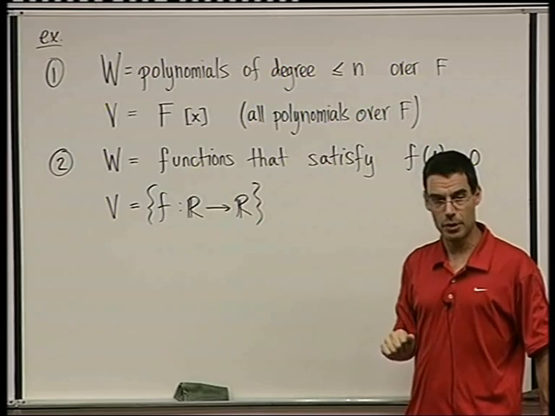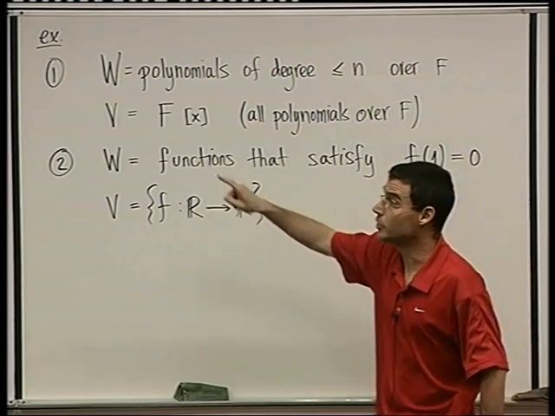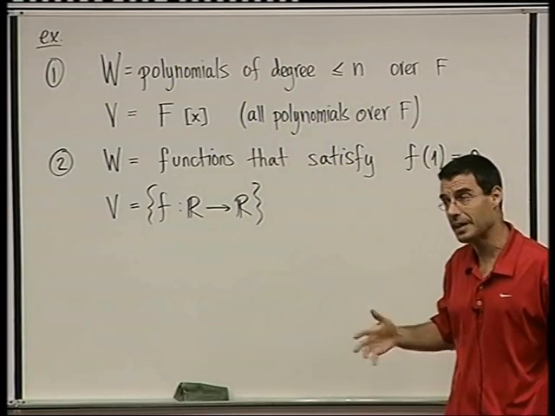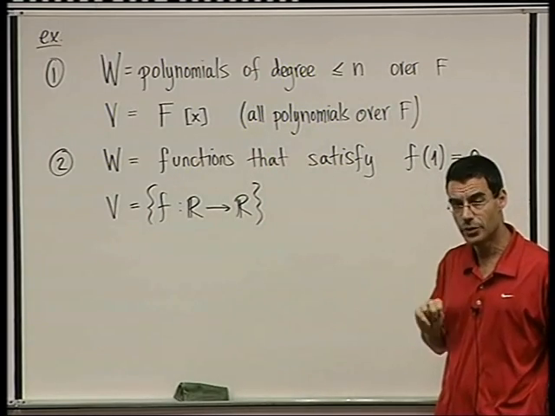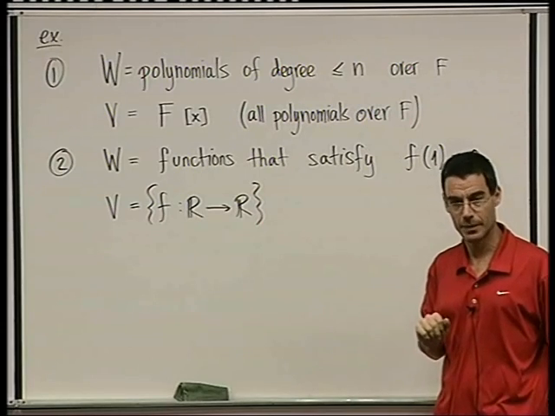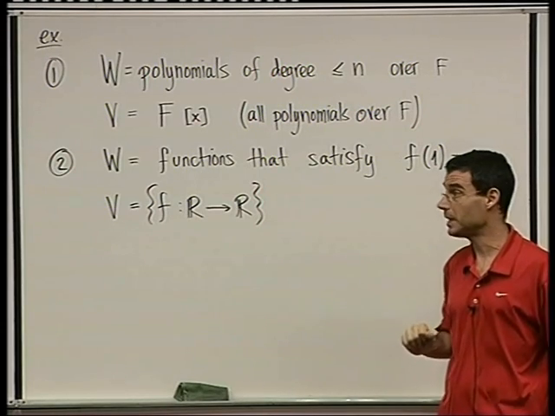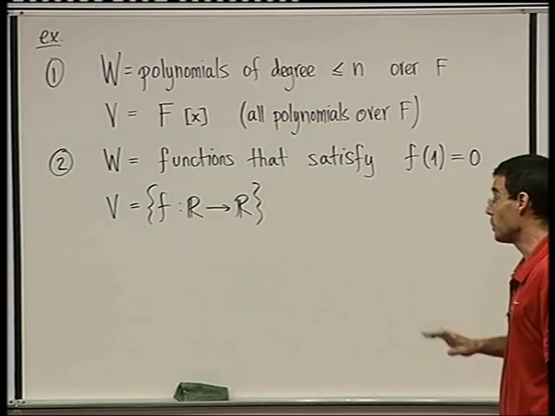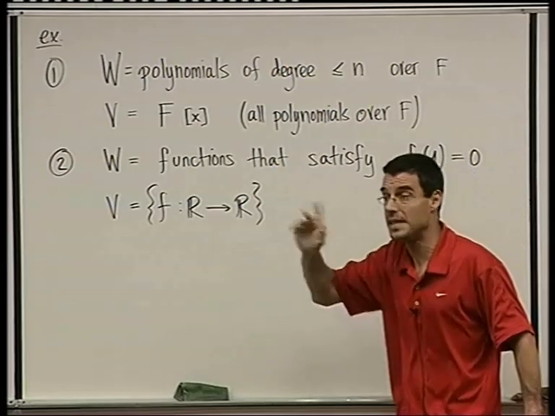We're going to have a theorem of that sort in a minute, that you don't really need to verify all 10 axioms, that in fact it's sufficient to verify 2.5 of them. That's basing on that W is actually a subspace. No, you start with W, which is a subset.